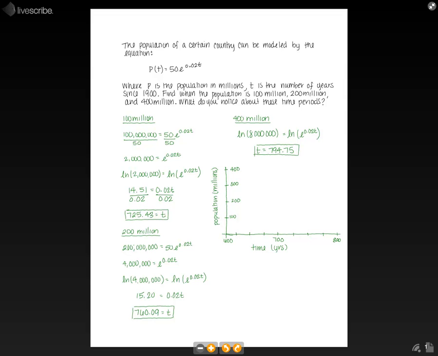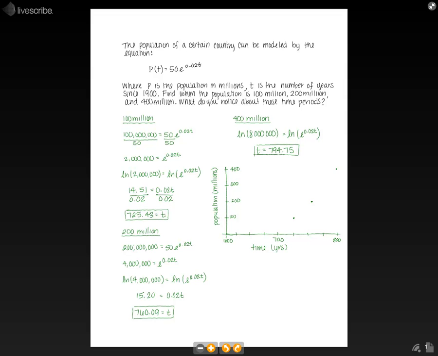Let's plot the points we have here. At about 725 years, we're at about 100 million people. So right here. And then at 760 years, so this would be 725, this would be 750, a little after that, we're at 200 million people. And then at 794, which is almost at 800, we are at 400 million people.